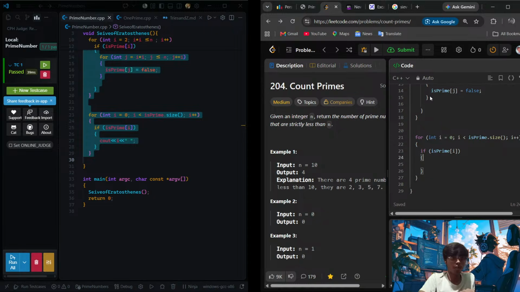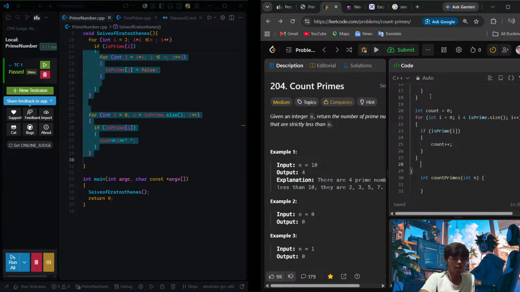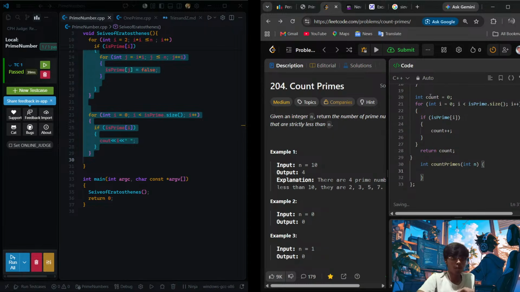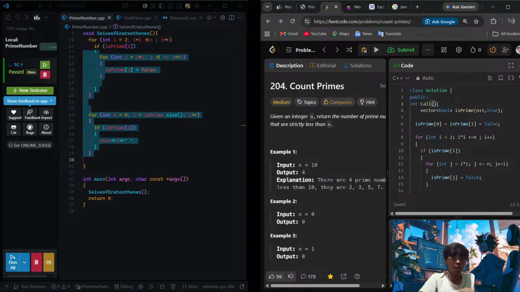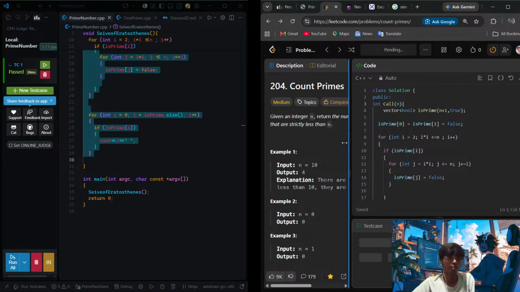I will create a count variable and write 0 here, and if that number is prime, I will write count plus plus, and return count. Then I will return call, and in this call I will pass n, so rather than taking n from here, I will write n here. Now let's see if this solution is accepted or not.